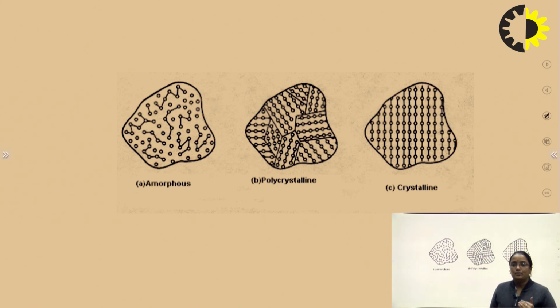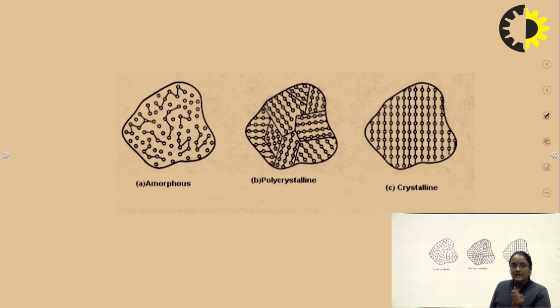The third is the polycrystalline solid, in which the entire solid is divided into small grains, as we are seeing the different ROIs, that is regions of interest, and these regions of interest are called grains. In these grains, the atoms are following a particular pattern.